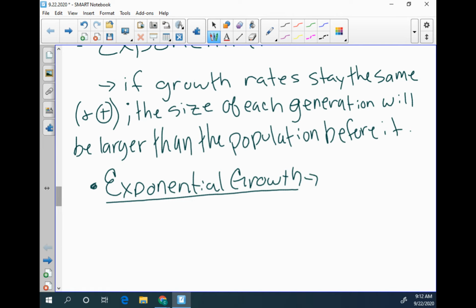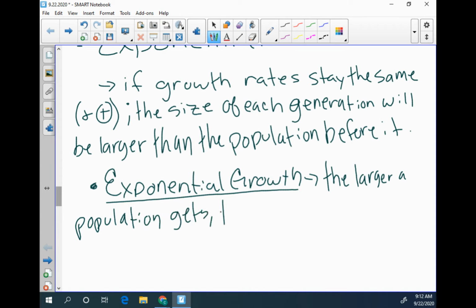Which can be broken down into the larger the population, the faster it grows.